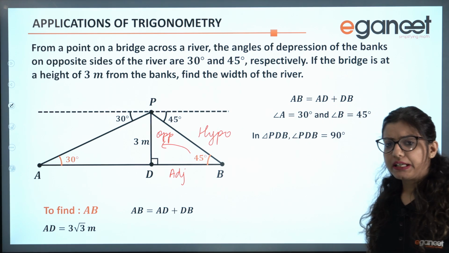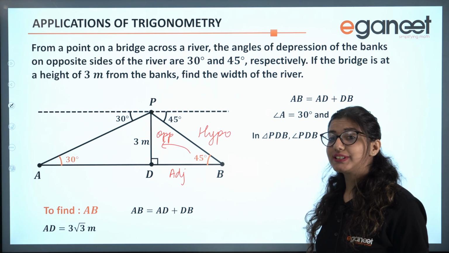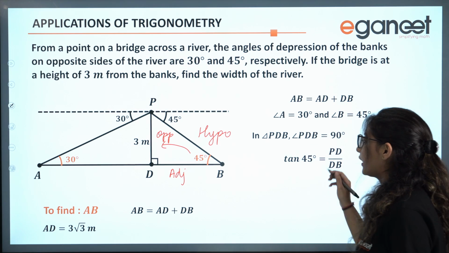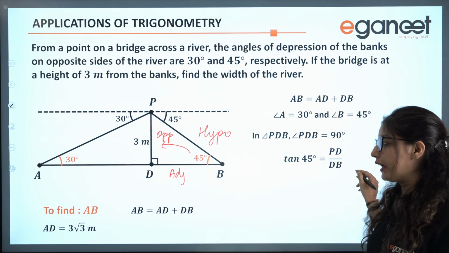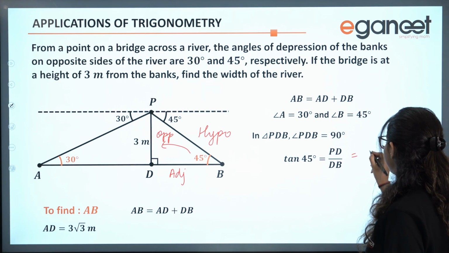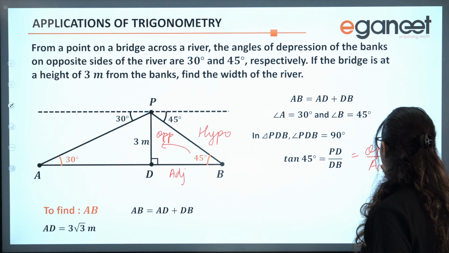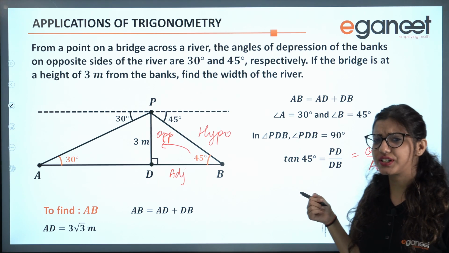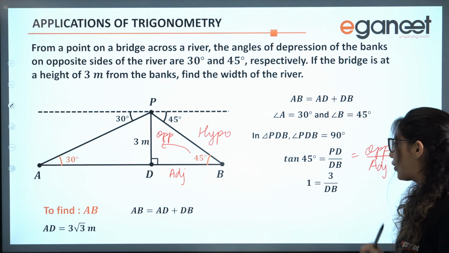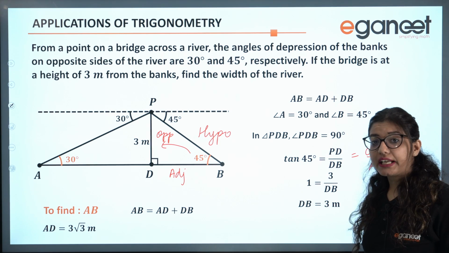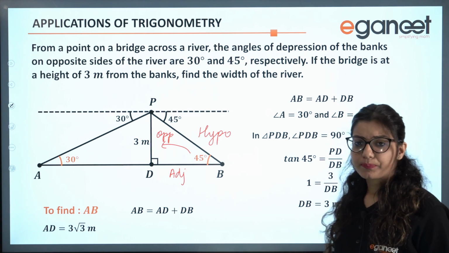So what will it be? Again we can use tan theta and here it will be PD upon DB, right? PD is opposite and DB is adjacent. Now what is tan 45? Yes, it is 1. So we get DB as 3 meters.